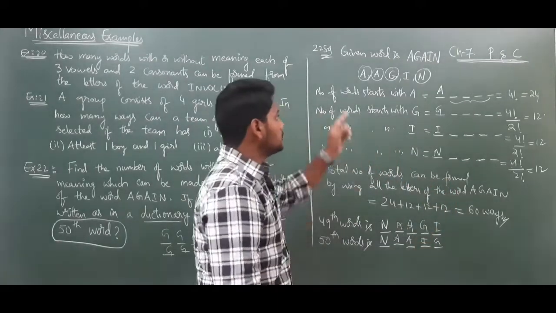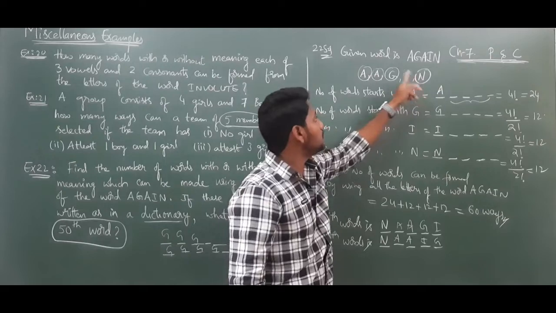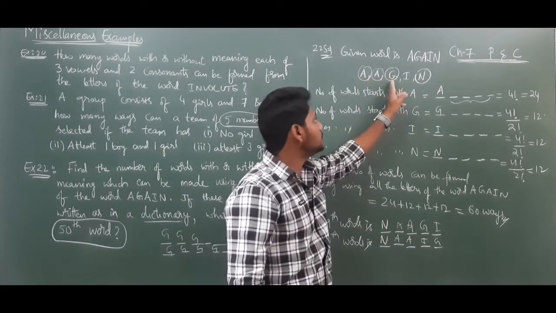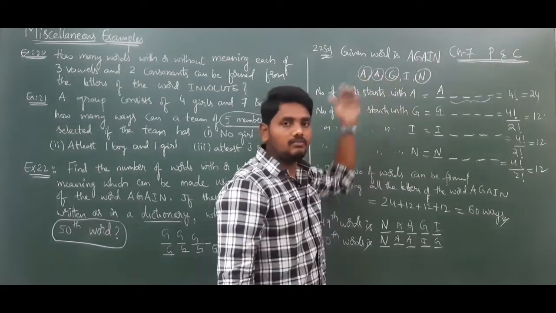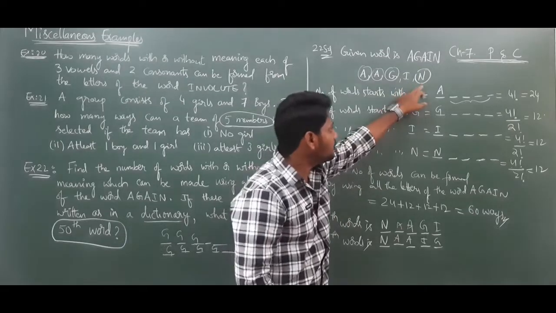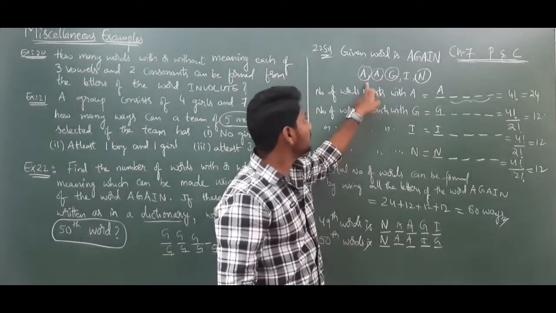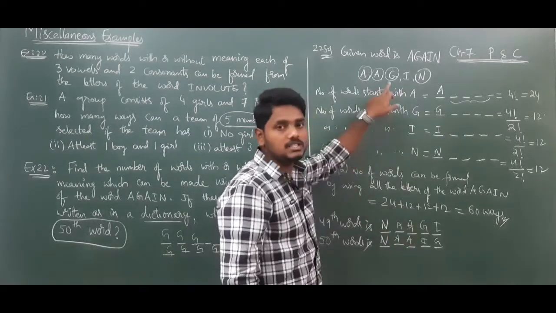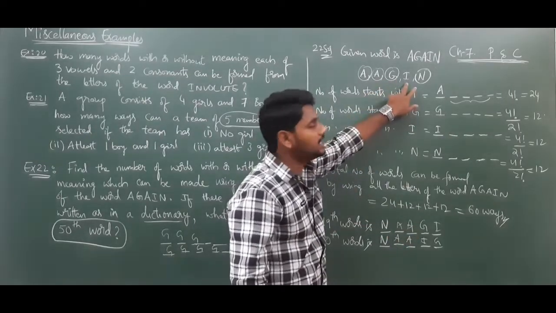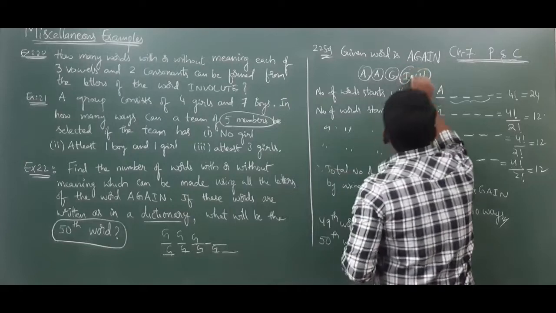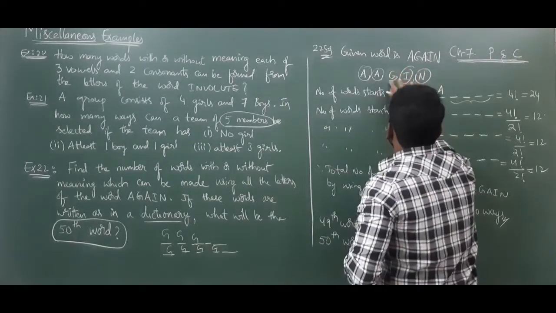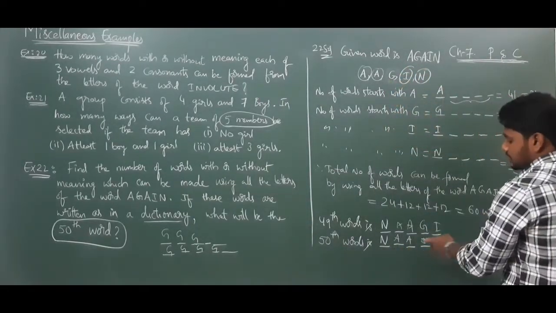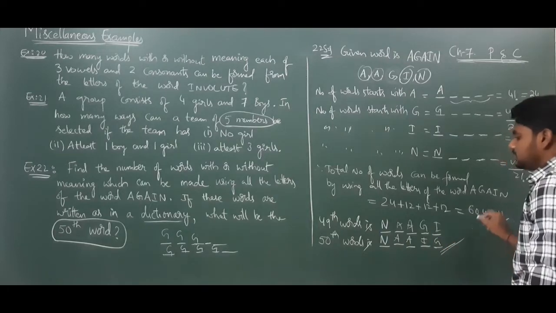In alphabetical order, if N is over, A is over, G is over, A is over, G is over, I is over. For that next level, N will start, next with A, next with A, next G is over, right? Next we will start with I. If I is also over, the remaining letter is G. So this is the 50th word.